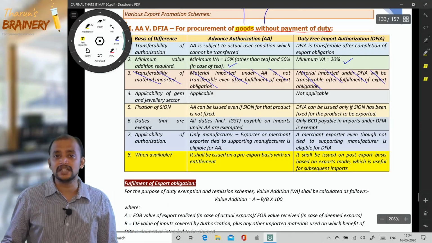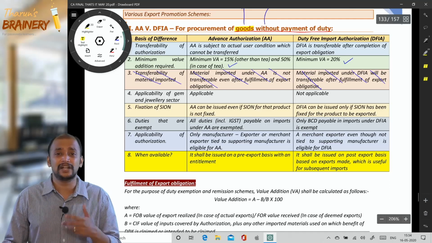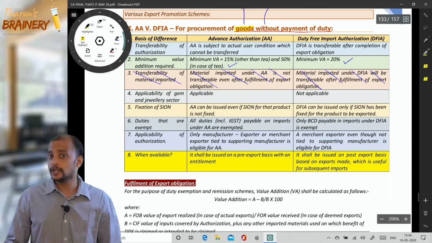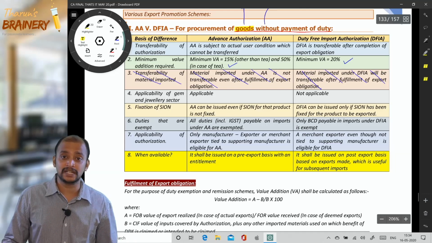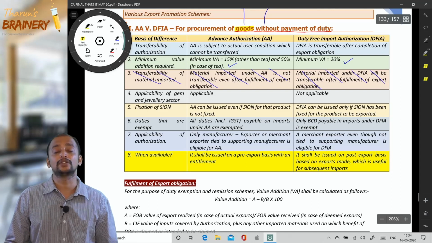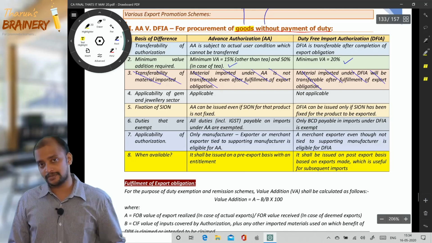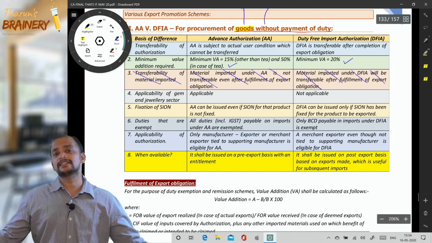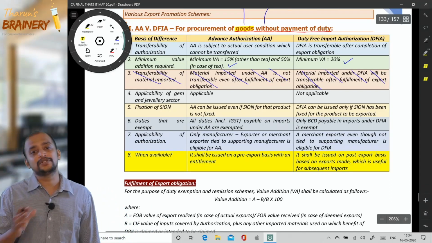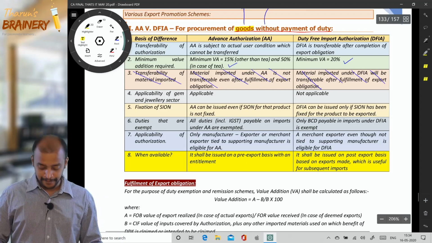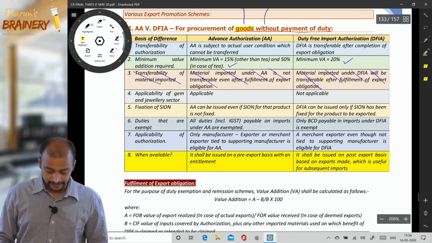Basic customs duty is 0, and social welfare surcharge is calculated on basic customs duty, not on assessable value. Remember, social welfare surcharge is not calculated on assessable value. It is calculated only on basic customs duty. If basic customs duty is exempted, then social welfare surcharge is also not there, but all other customs duties will be applicable in case of DFIA.